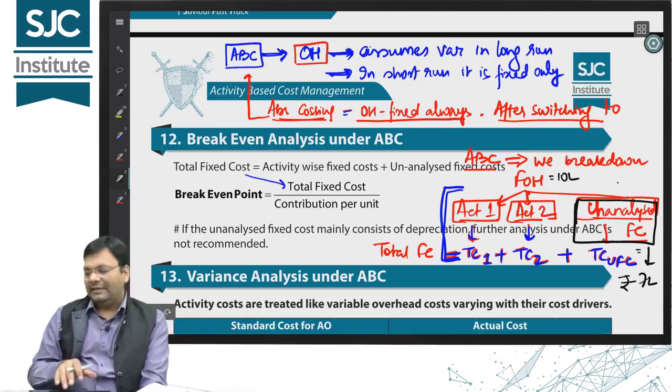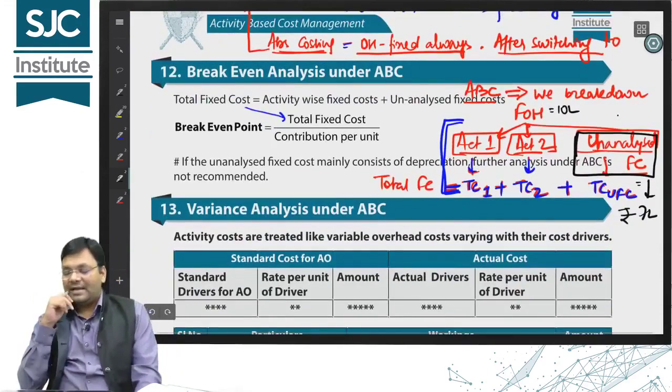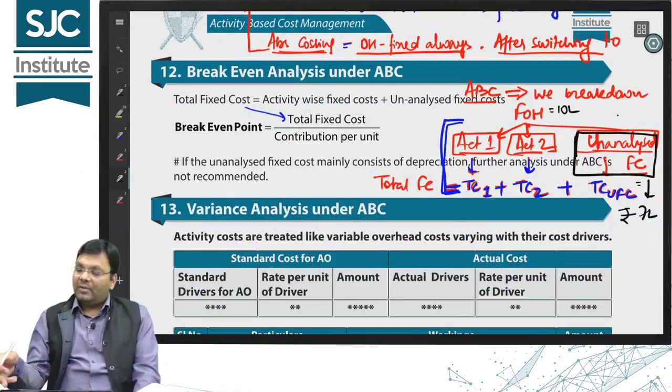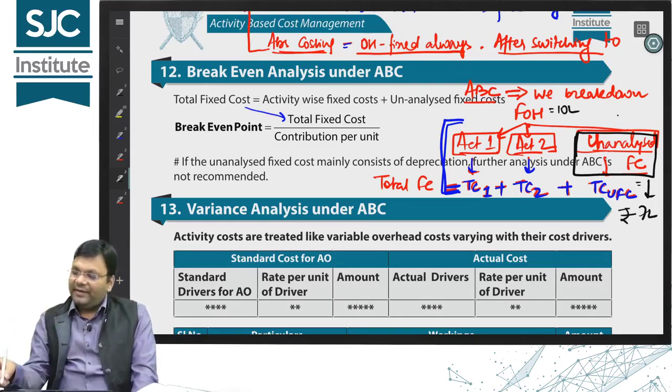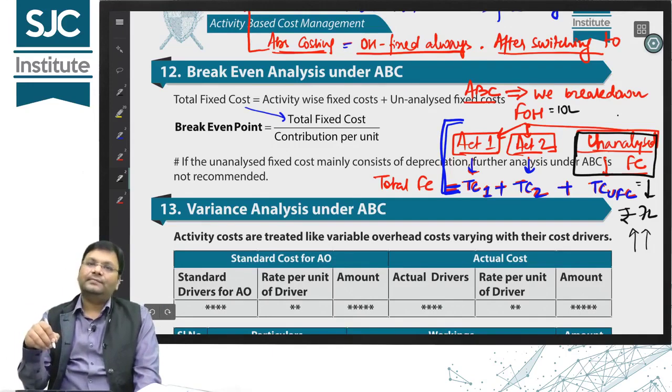And the question is saying that when we analyze this 7 lakhs, we found that in this 7 lakh rupees, 6,50,000 is depreciation. That is more than 90% of the amount. So the question is asking, should we go ahead and break this into activities?